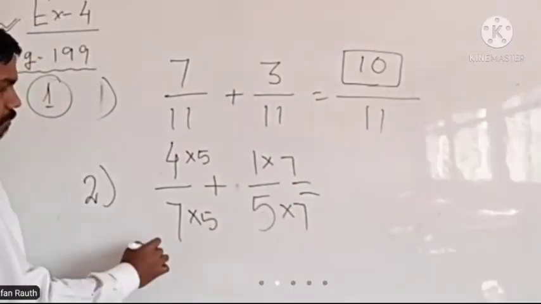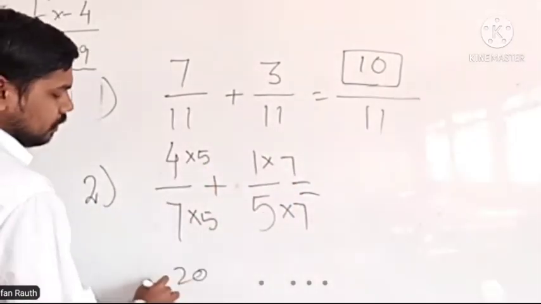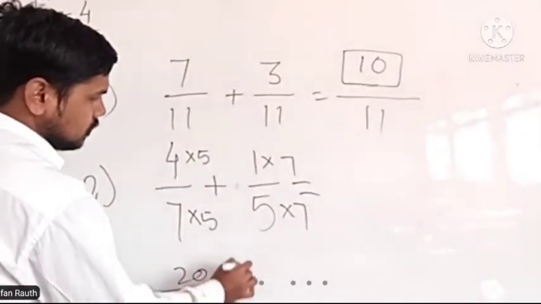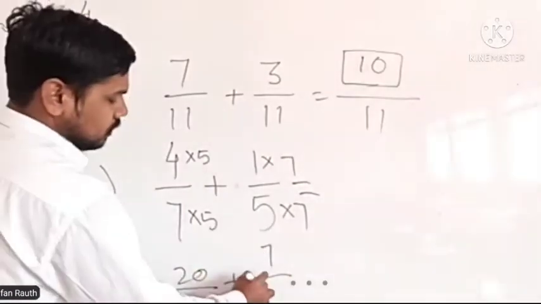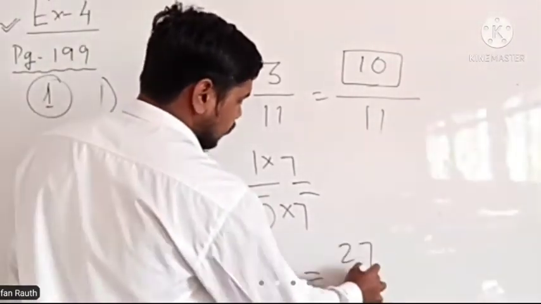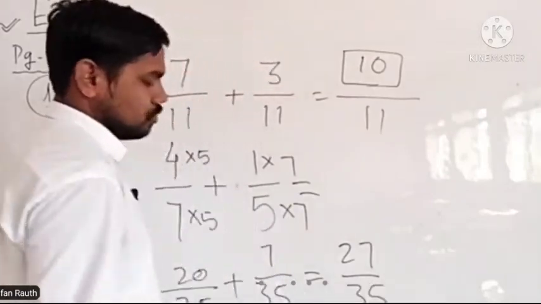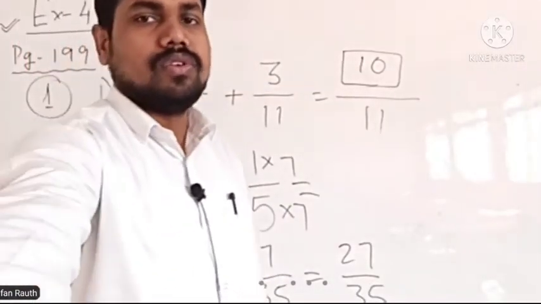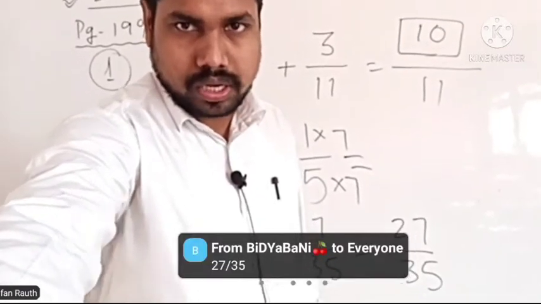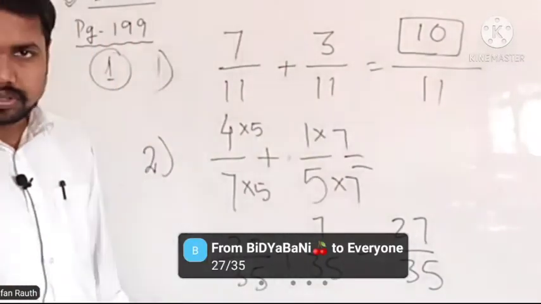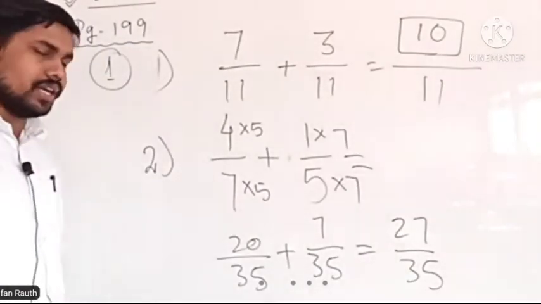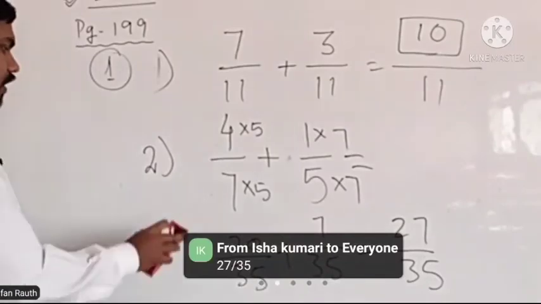So the required number will be 5 4s are 20 divided by 5 7s are 35, plus 7 divided by 5 7s are 35. So it will be 7 plus 20 is 27 divided by 35. So 27 divided by 35 will be the required answer. Exactly. Very nice. So this is how you can do it in the case of numbers with different denominators.